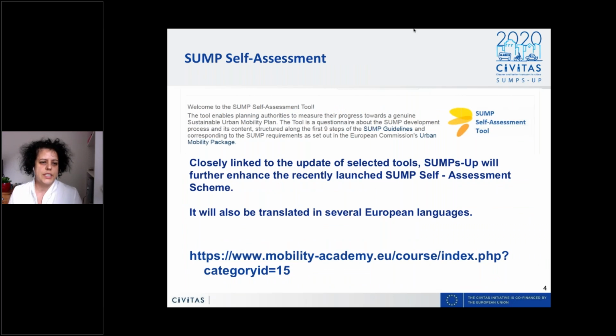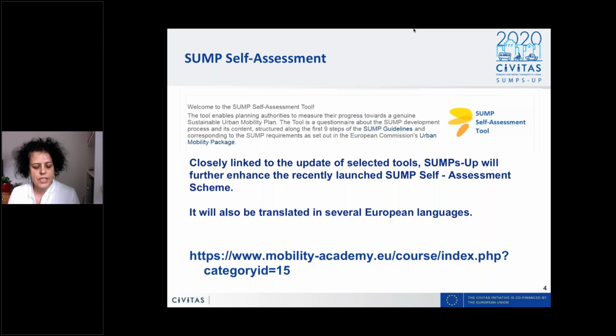The self-assessment scheme is closely linked to the update of selected tools, so SUMPs-Up will further enhance the recently launched SUMP self-assessment scheme. Within the framework of SUMPs-Up, we will try to improve this scheme because we have identified certain flaws.